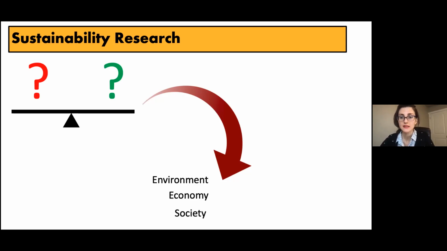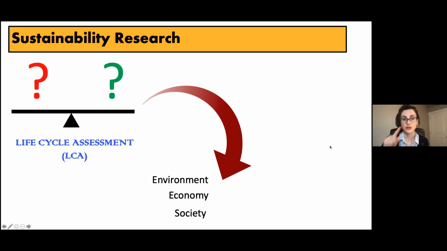However, in sustainable engineering fields, in addition to economy, trade-off analysis with the focus of environment and society is required. The tool to conduct the sustainability research is called life cycle assessment.